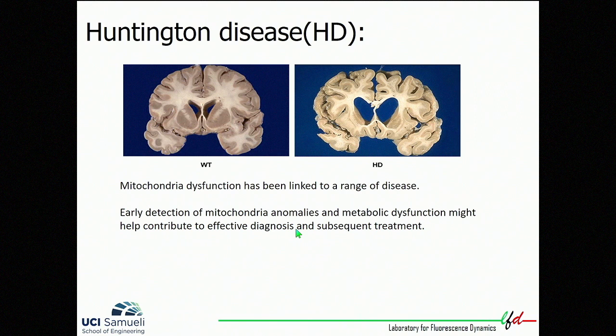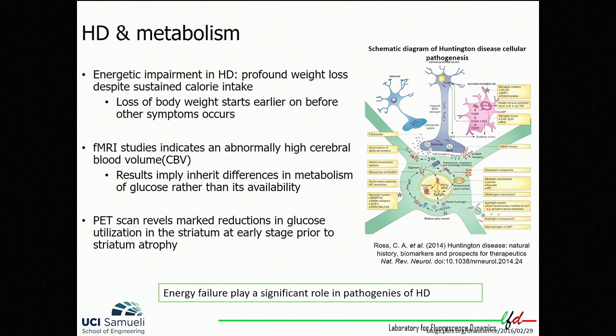What's important about this particular application was to look at mitochondrial respiration within cells. Mitochondrial dysfunction has been linked to a range of different diseases, including neurodegeneration. And early detection of mitochondrial anomalies can be an effective way to diagnose early and get treatment.